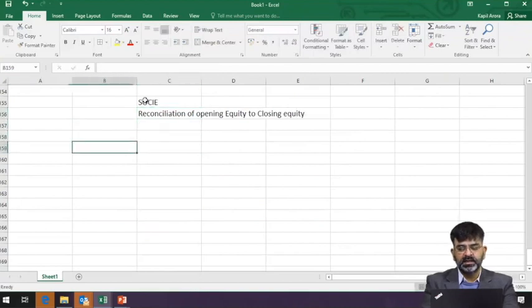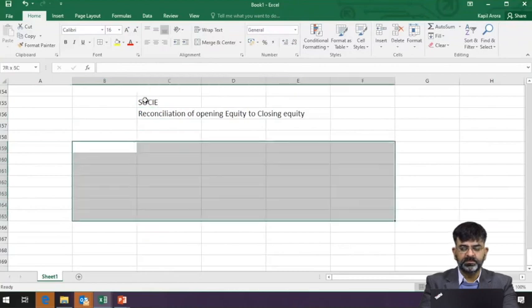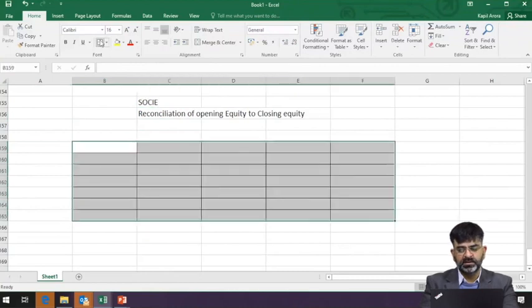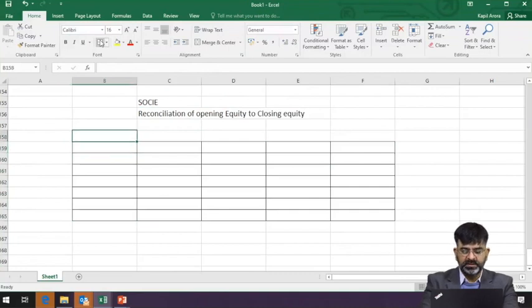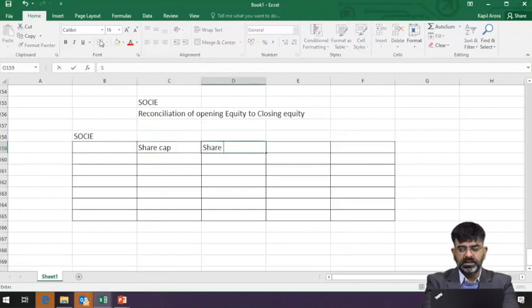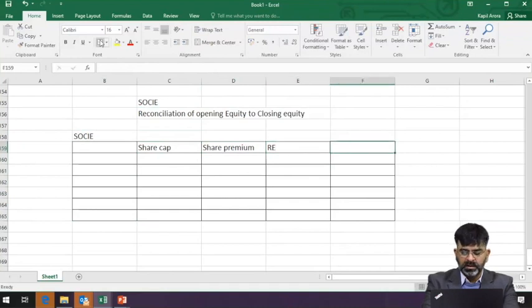It means that if I make a statement, let's assume like this, statement of change in equity, what are the equity items? Equity items would be share capital, share premium, retained earning, all other reserves, or I would say other comprehensive reserves, right?